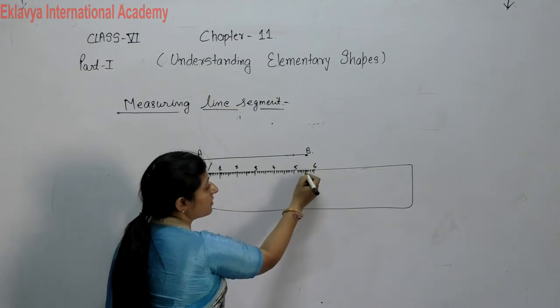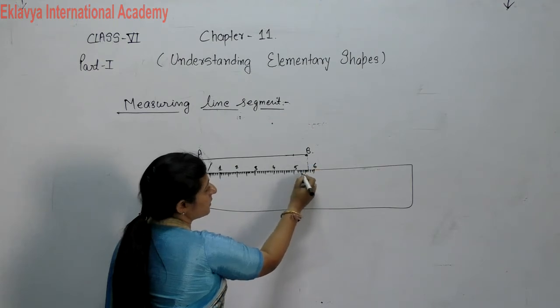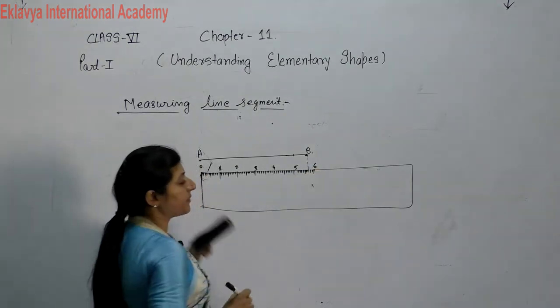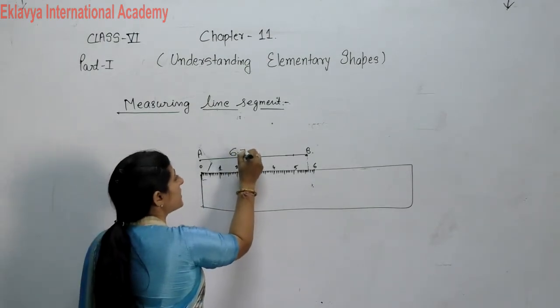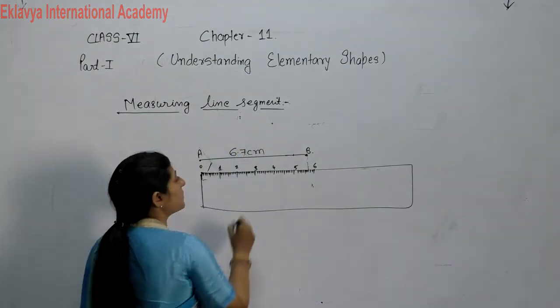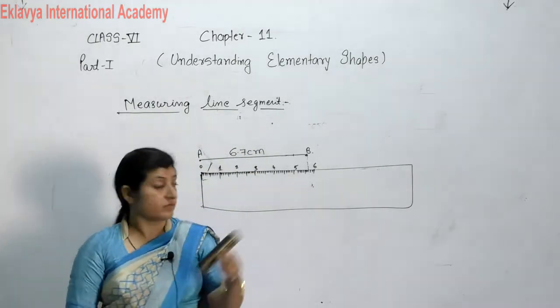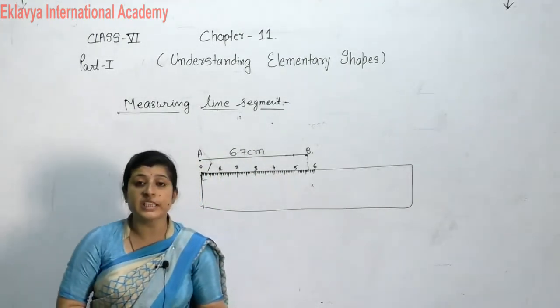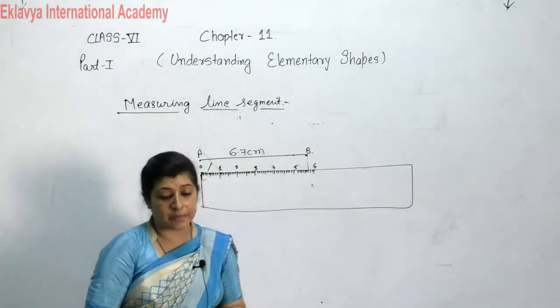Then count the parts: 1, 2, 3, 4, 5, 6, 7. It means I can say that the length of this line segment is equal to 6.7 centimeter. So this time by using the ruler we will measure the line segment.